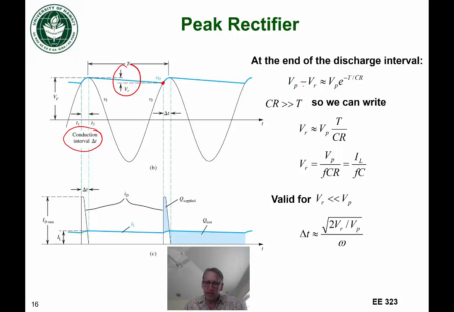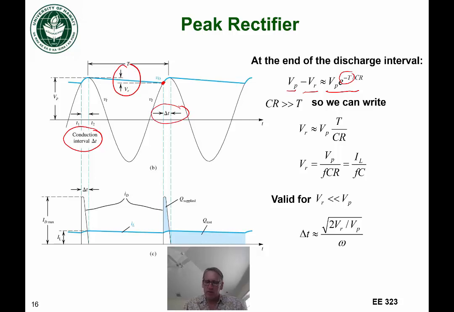We can say that the voltage, which would be V peak minus VR, is this voltage right here. So we're going to have a decaying exponential with an RC time constant, and we can say it's approximately equal to V peak times e to the minus t over RC. That's just an RC time constant, and it's only approximate because we're saying that the time is T, and in fact the period is not quite T because we have this charging period of delta t.